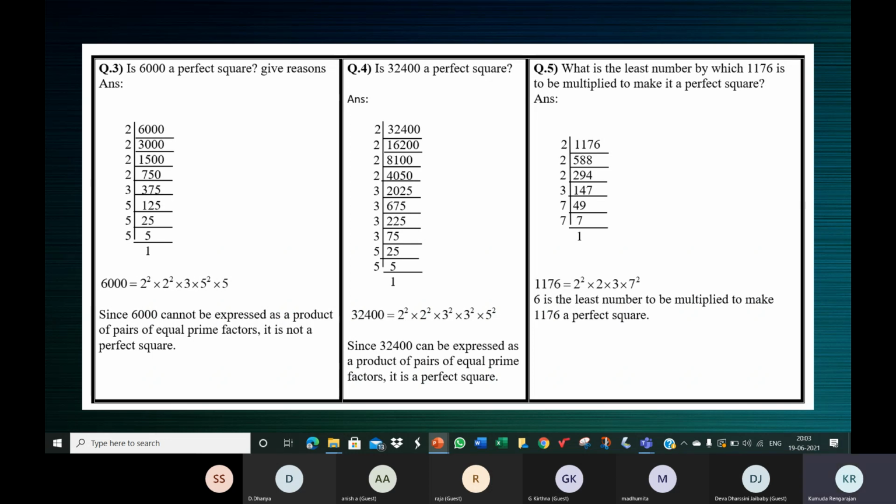Who has worked that? I've got a picture on WhatsApp. Is it Sindhya or Sanjay? Sanjay, ma'am. Good, Sanjay. Perfect.